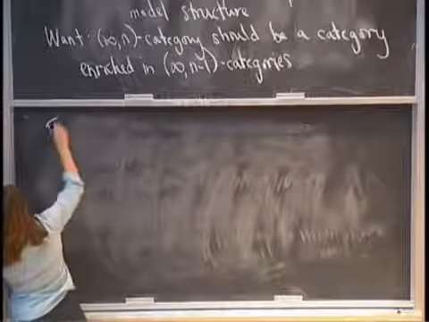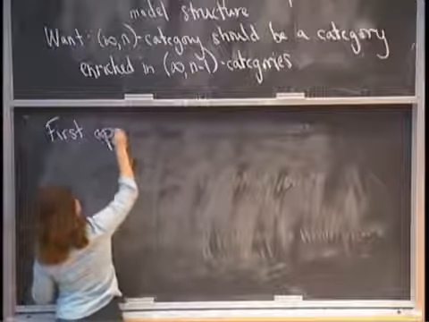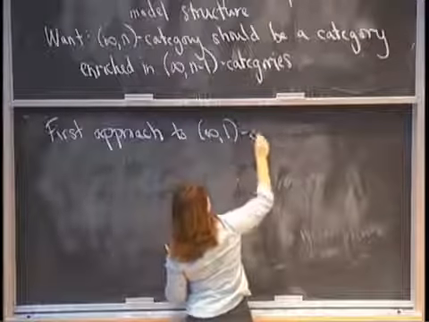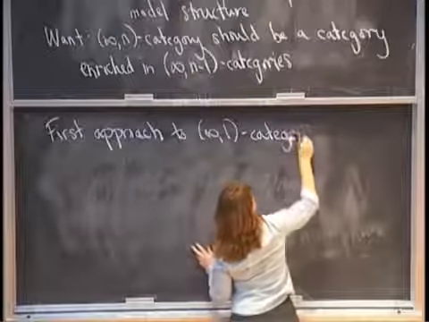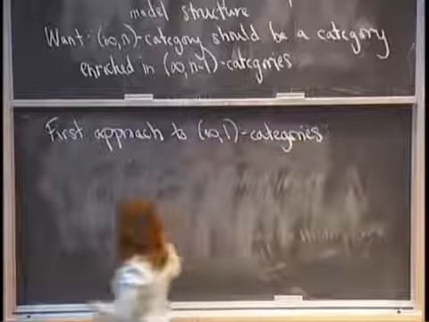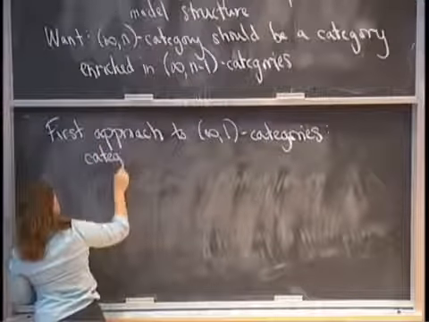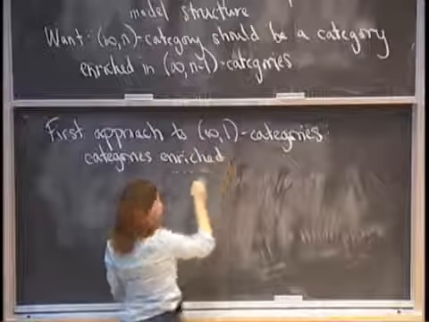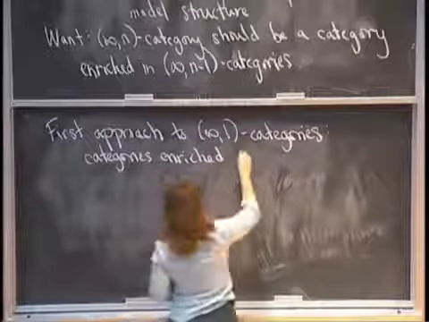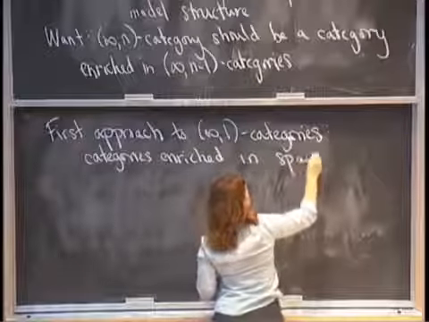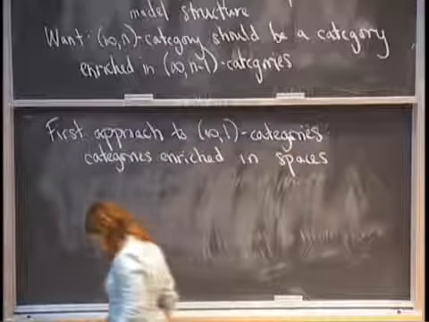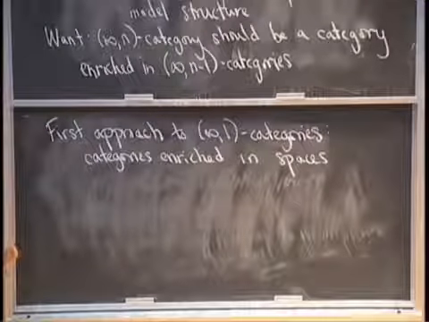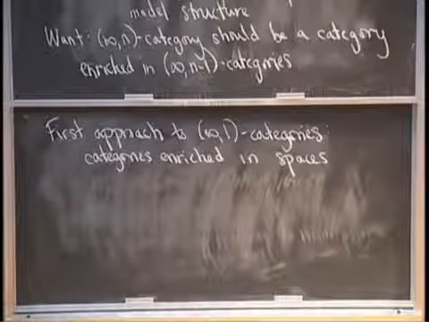OK, so this is our first approach. We say categories enriched in infinity zero categories, but those are just spaces. So again, I encourage you right now to think about actual topological spaces or Kan complexes.